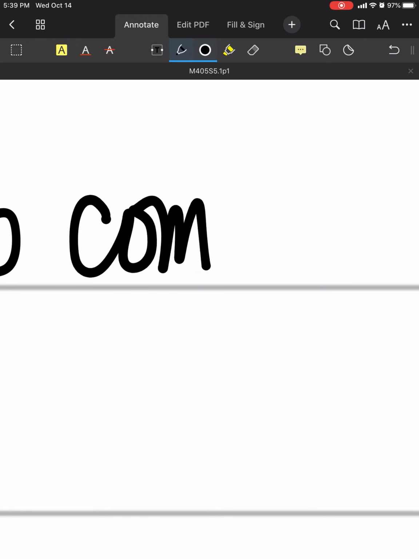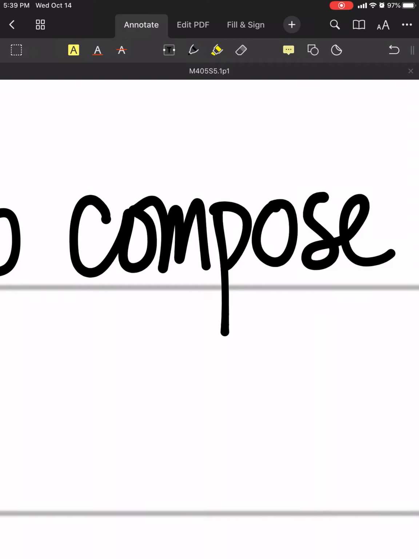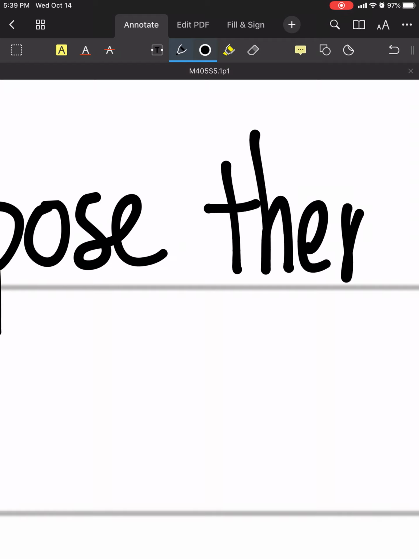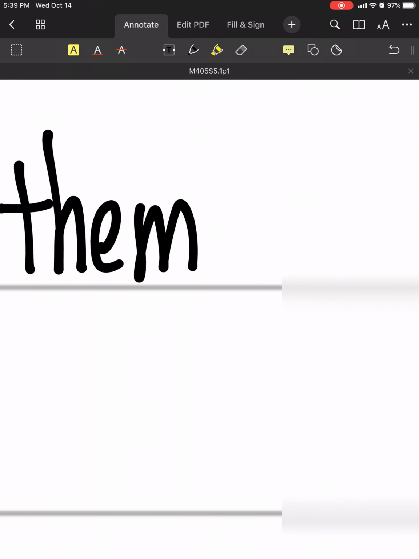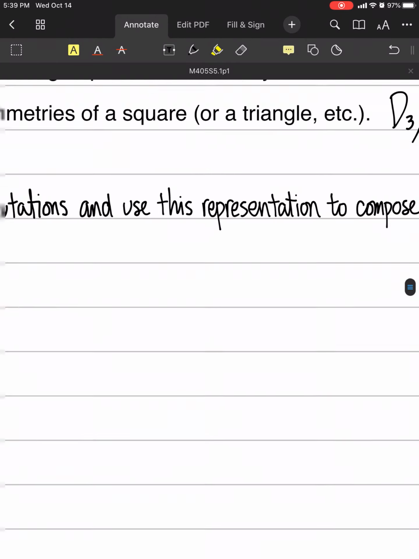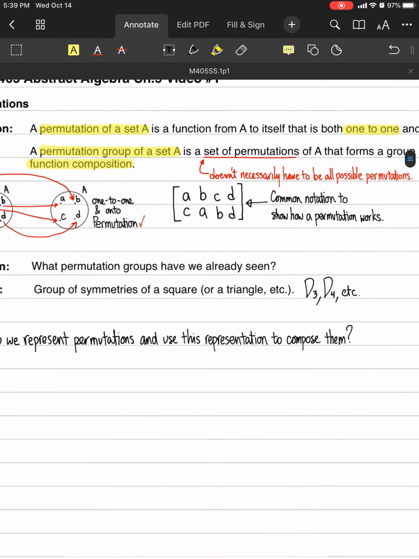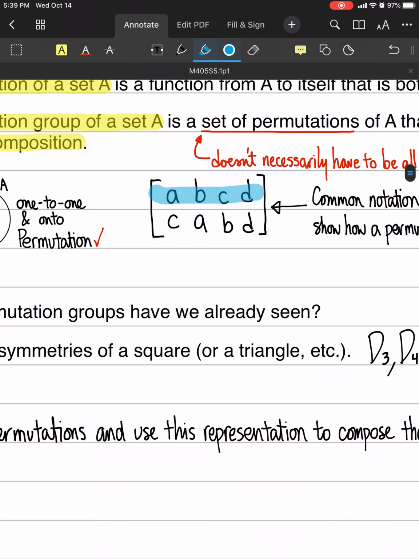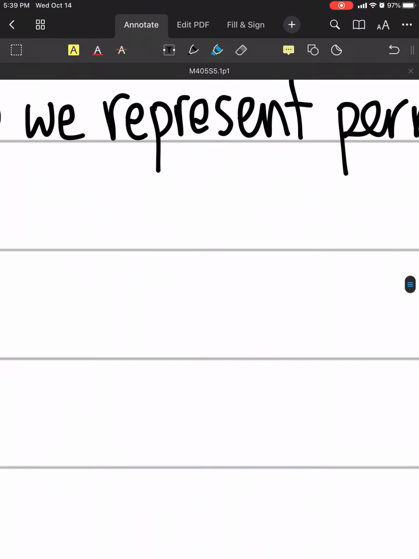I've already shown you this, but I'm going to show how it works. And here I'm using the word compose. That's essentially function composition. It's just the verb version of it. So how do we use this to compose them? Okay, so that is our question here. Now, how we do it is we use this little notation that we have up here that I drew. We call this array notation.